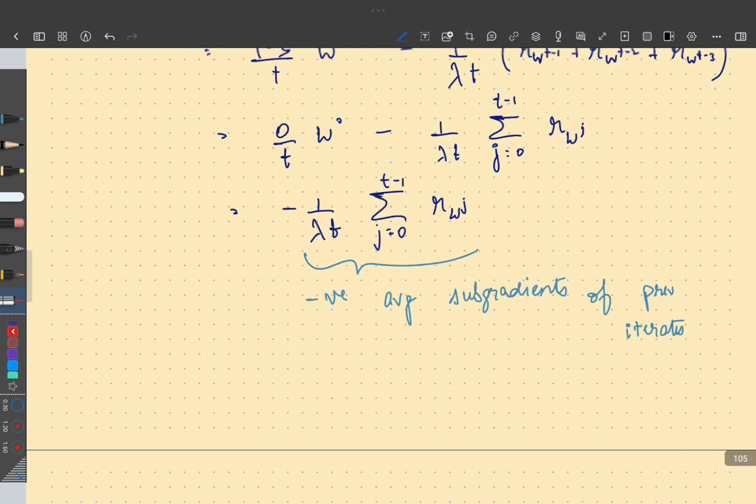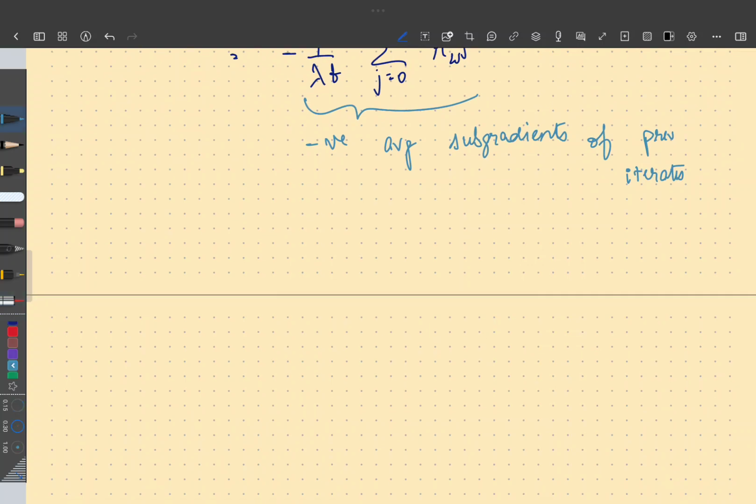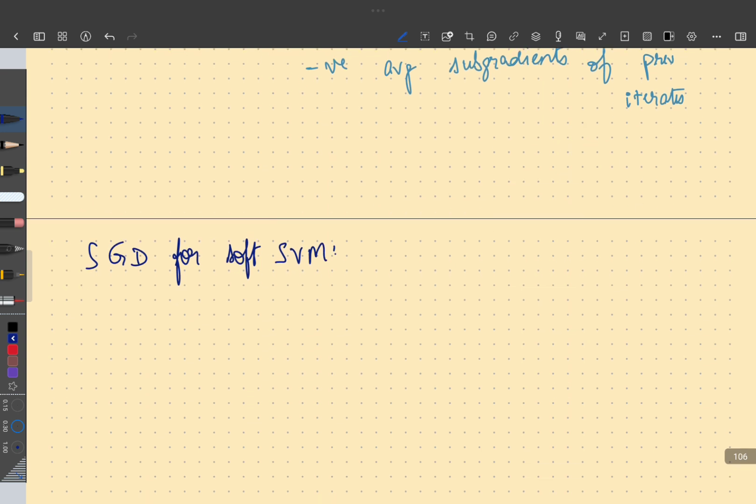Right? So the SGD for soft SVM would look something like this. You initialize, you have a separate variable, I'll call it theta_t, so let's say theta_0. Let's assume we initialize this with a 0 vector, could be arbitrary, right?